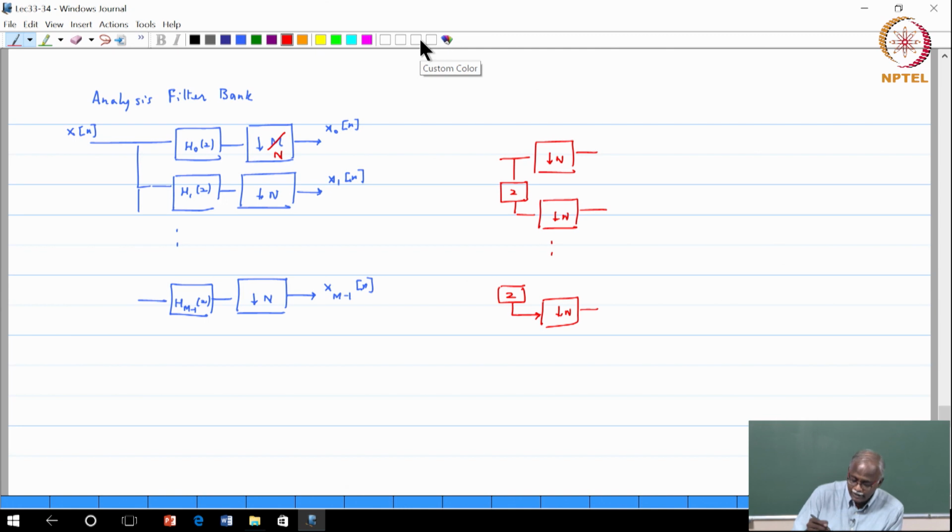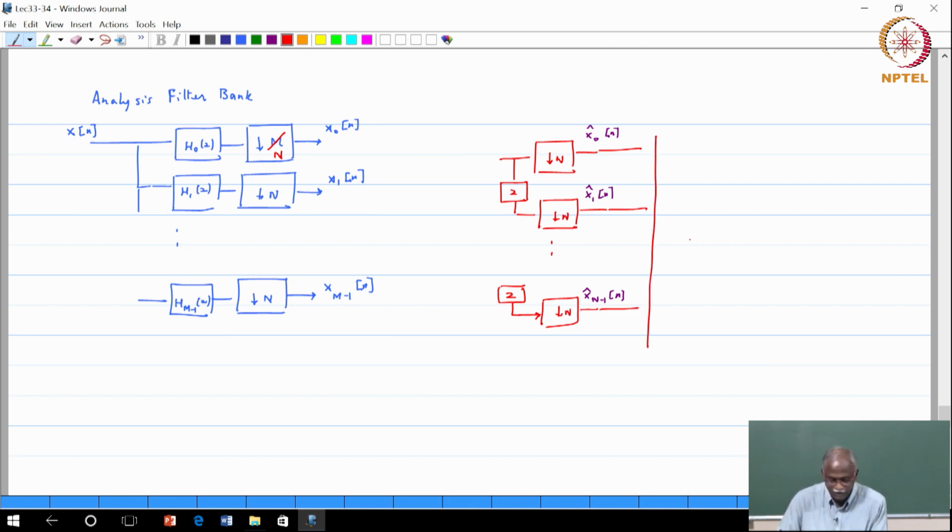Let's label them as x naught hat of n, just to show you how many signals there are, x1 hat of n, up to x n minus 1 hat of n. Okay. Now the polyphase filtering part is a trapezoid, with more inputs and fewer outputs, so I denote it by a trapezoid in the other direction.